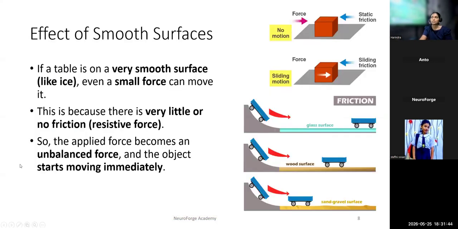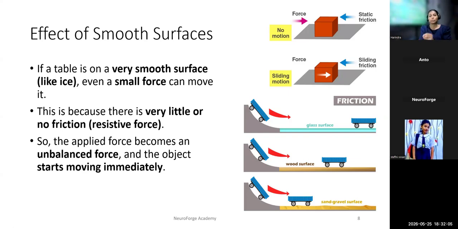Effect of smooth surfaces. What is happening? There are different kinds of surfaces when we talk about forces. On a very smooth surface like ice or oily surfaces, what will happen?